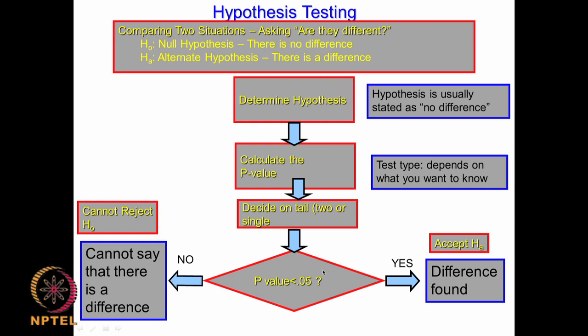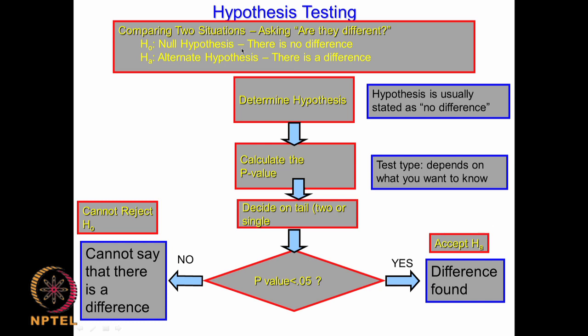Either I will reject the null hypothesis or I will not reject the null hypothesis. If there is no difference and p is not less than 0.05, then I cannot reject the null hypothesis. If p is less than 0.05, then I need to reject the null hypothesis, and only then will I accept the alternate hypothesis.